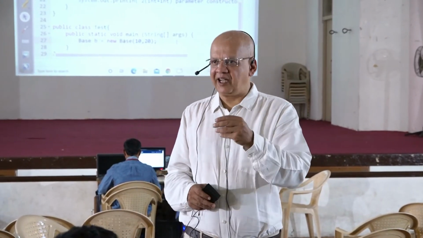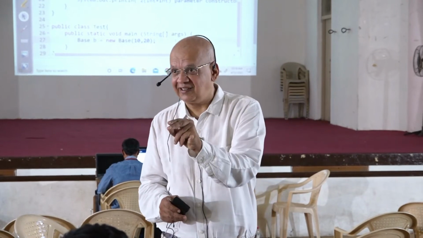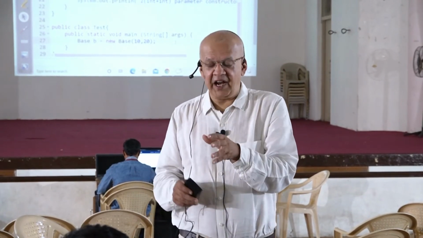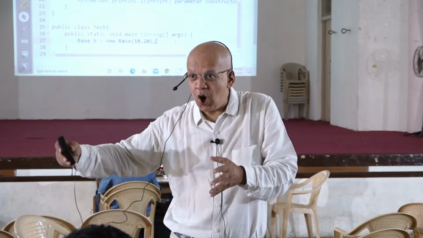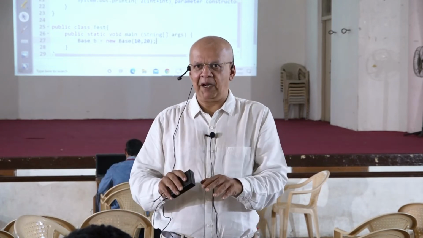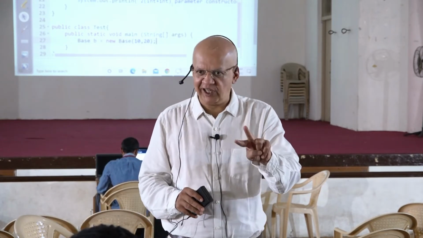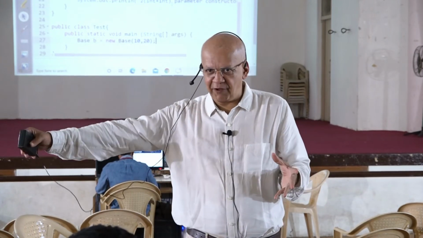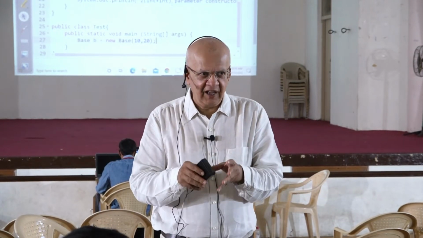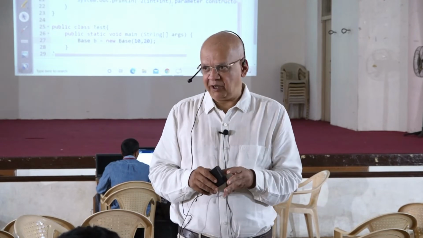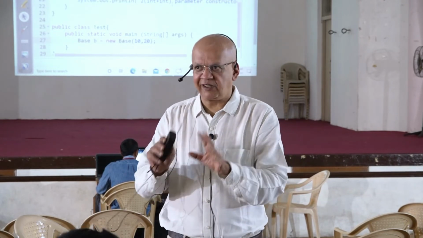You can have as many constructors as you want as long as they vary in either the number of parameters or the data types of the parameters. Any of these 2 variations are fine. Number or type, any variation is fine.